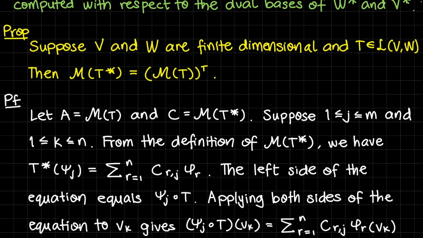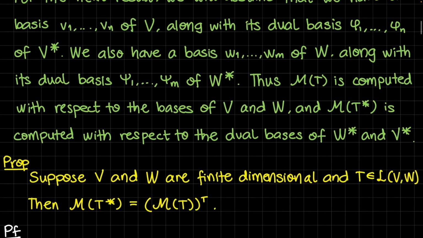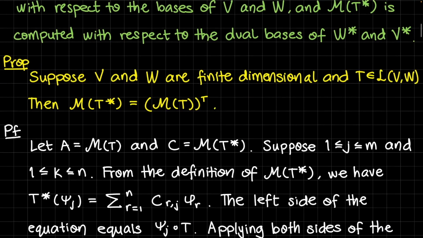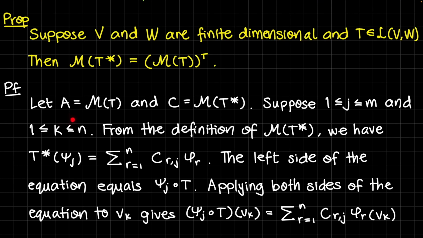And of course, we are operating under the assumption that we had on top, that V, W, W star and V star all have their bases. So let A be the matrix of T under the bases we have and C be the matrix of T star. Then suppose j is an index going from 1 to m and k is an index going from 1 to n.